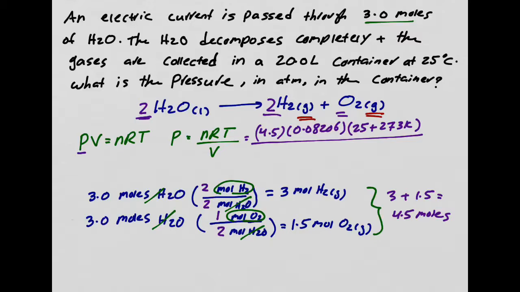Divided by volume. Do I have the volume? Yes, the volume is given to me as 20.0 liters, which is already the correct unit, so I don't have to worry about that. Alright, not too bad. All I have to do is plug it in. Plug it in for me, tell me what you get.